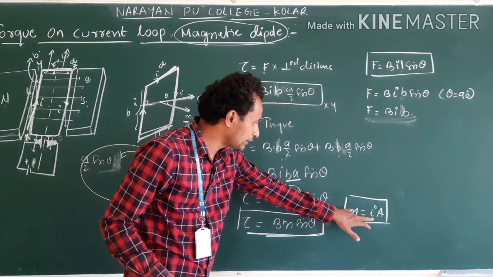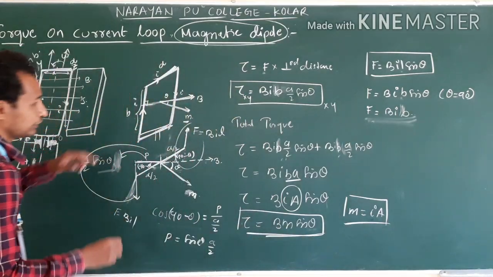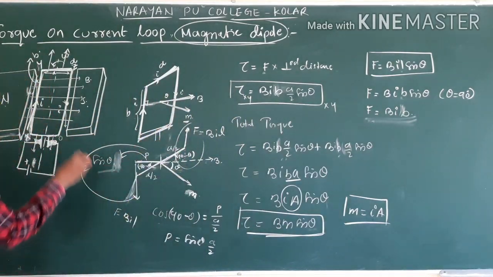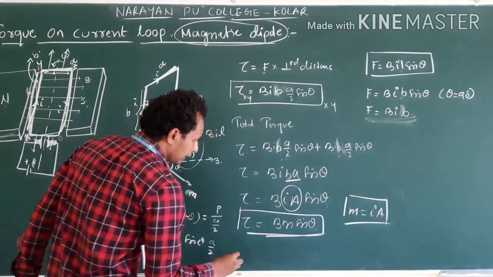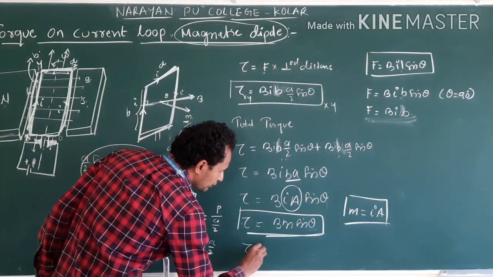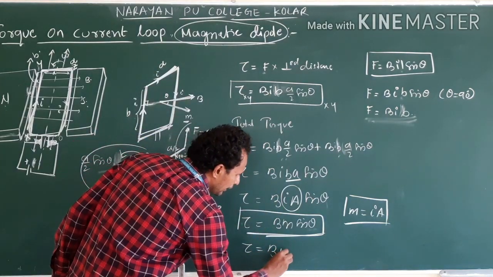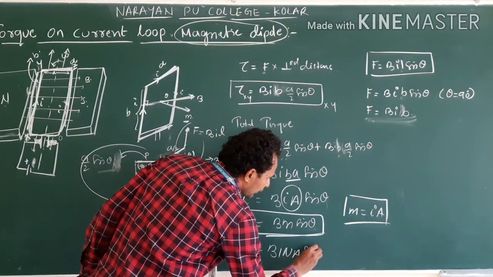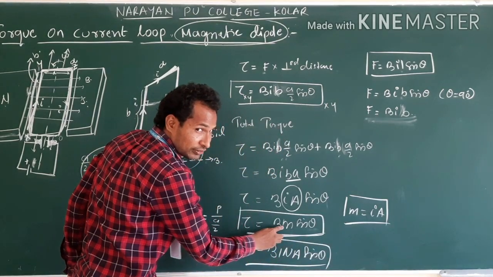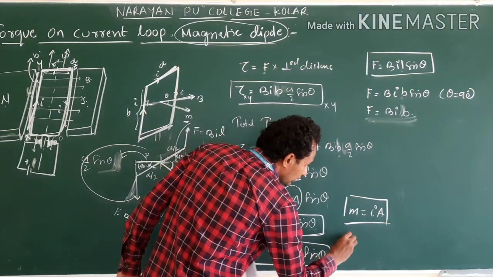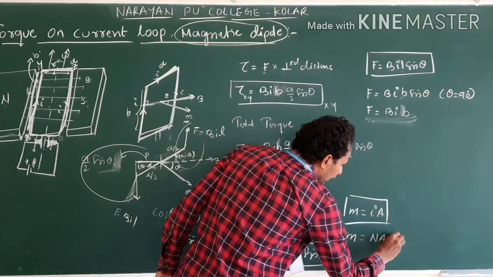So remember this magnetic moment formula, I into A. Suppose I derived this for a single coil. If there are a number of coils, then how do we write? Tau is equal to B I N A sin theta. Clear? Don't substitute n here. If N number of turns are there, M will become N A I.